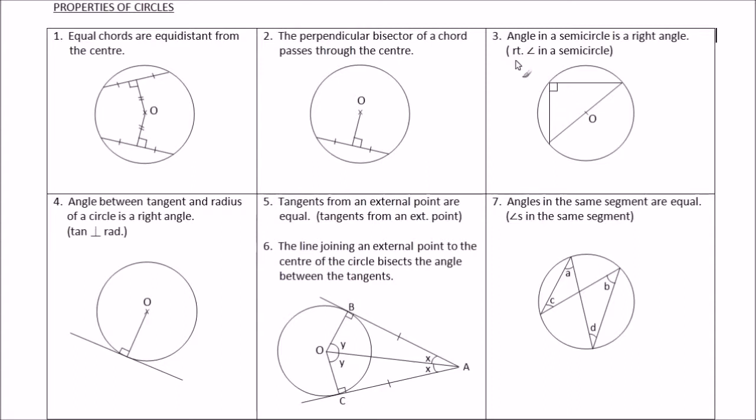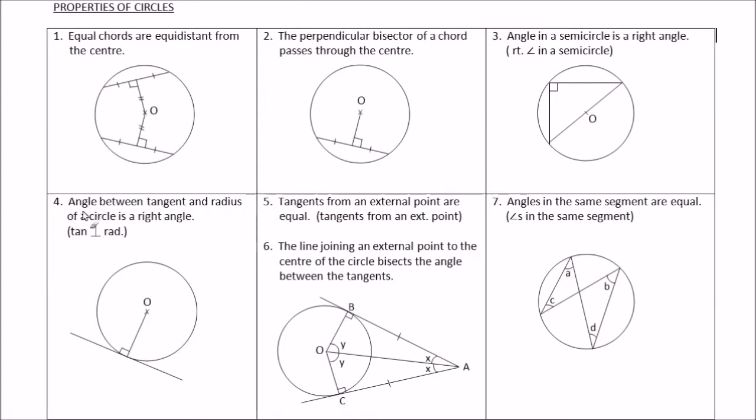We can write this in short form as right angle in a semicircle. Often in exam you are required to give the reason. So you can write it in this abbreviated form as shown here.